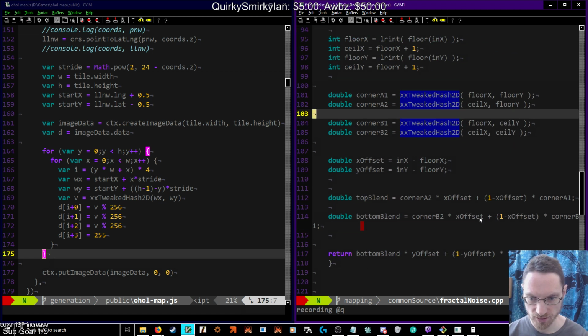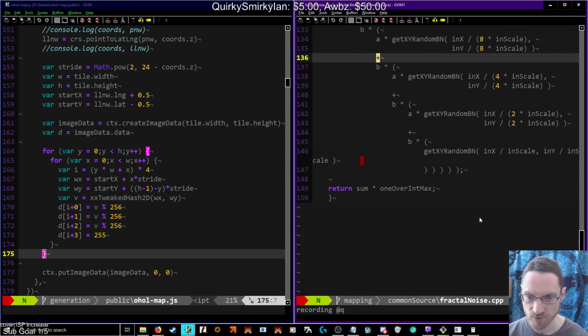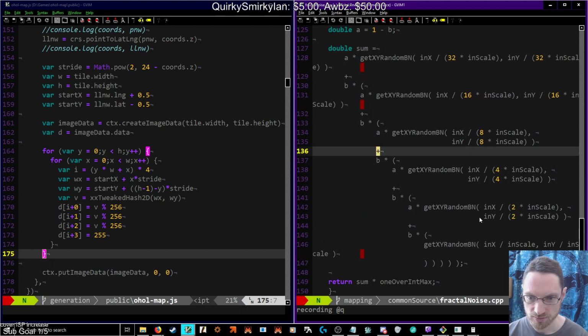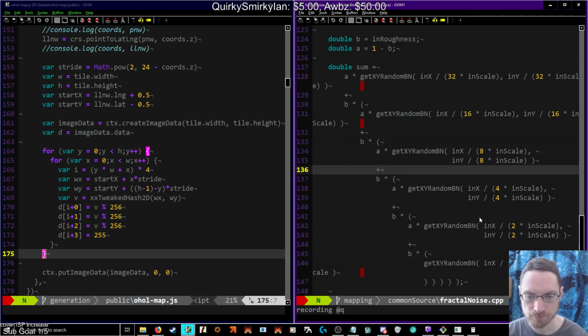So there's some coordinate math we may have to work out. And then, okay, XY fractal has some more random stuff. And this is going to be harder to get large scale comparisons on.